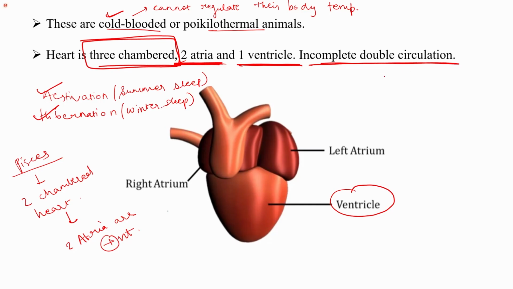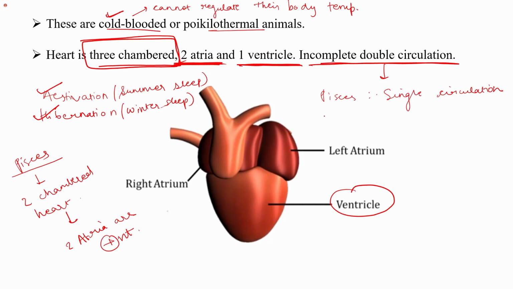Right. So what do we mean by incomplete double circulation? Firstly, in Pisces, it was a single circulation, right? That is, the blood enters the heart and leaves the heart a single time, and it is a venous heart.